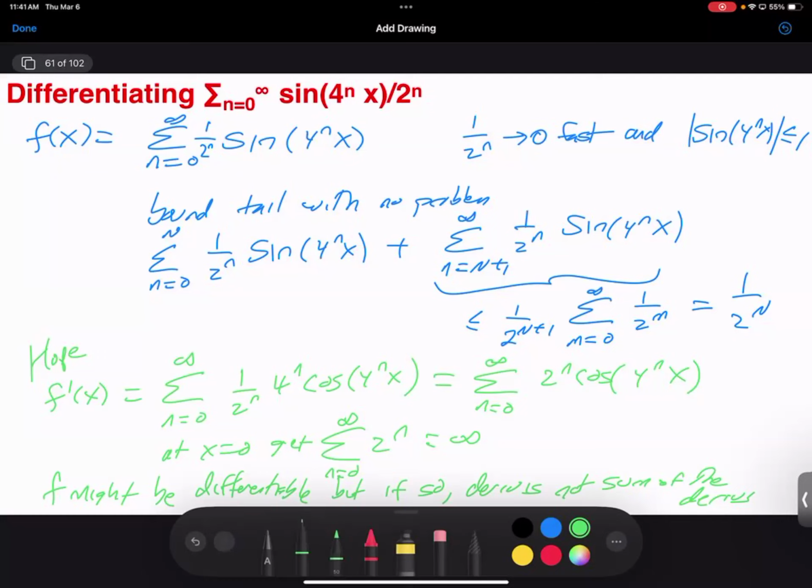This is a fun function. I deliberately chose it so that there was at least one point. What do you think would be true in general? So we did x equals 0. What if we chose another point? What do you think?